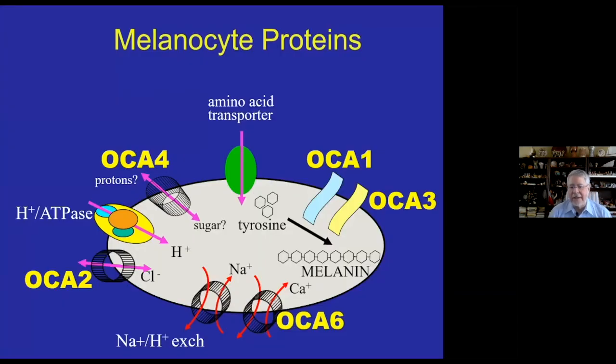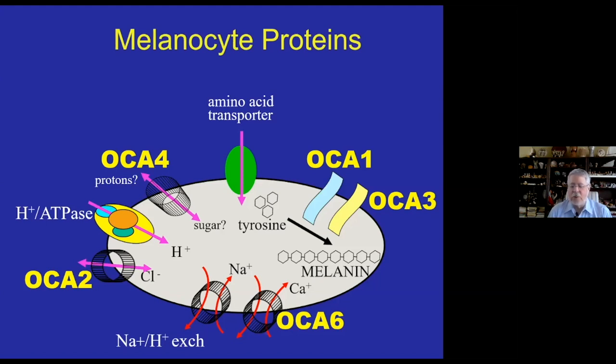So shown here in the big circle in this slide is one of those factories that make melanin. And shown in bright yellow, bold, are the proteins encoded by OCA1, OCA2, OCA3, OCA4, and OCA6, and what they do.